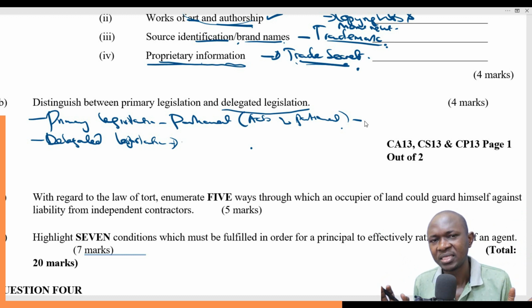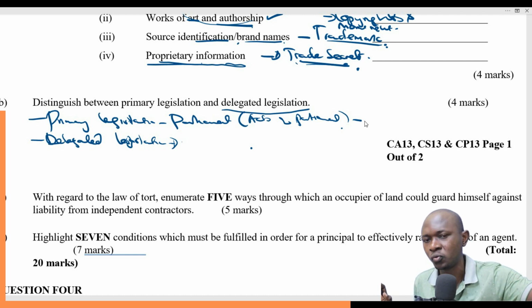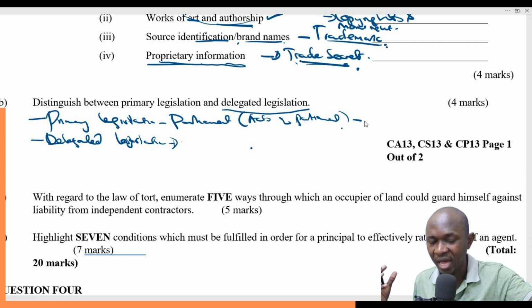So some of these things can be transferred to other people, if you give powers to other people to do them on your behalf. The parliament gives these powers to other bodies or parties to do what the parliament is supposed to do.